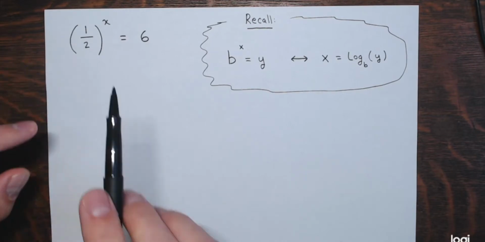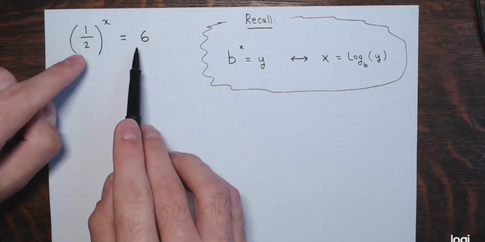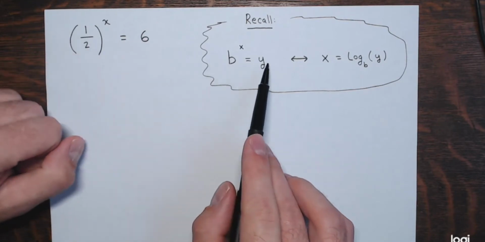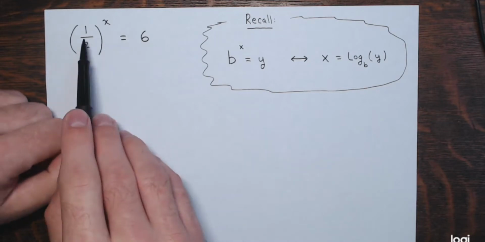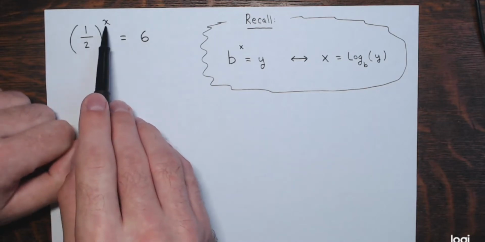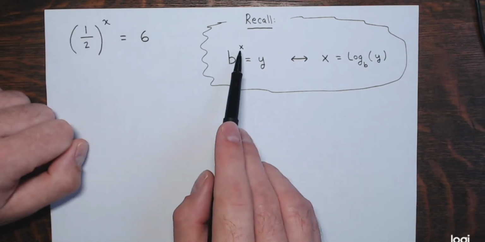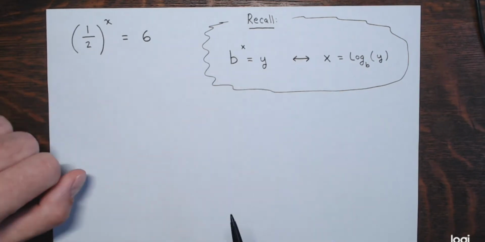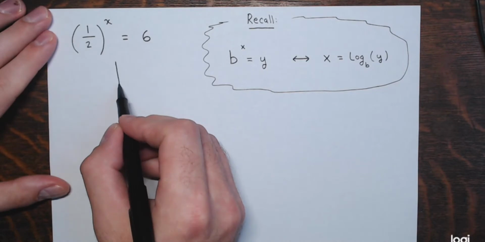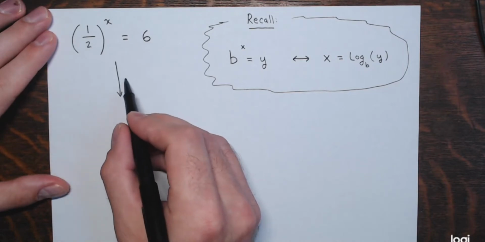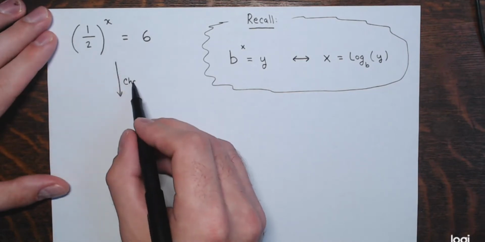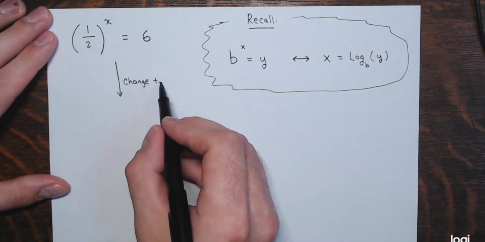So notice that this equation starts off like this exponential form here. I've got some number to a power with a variable in it equal to another number, just like b to the x equals y. So I just simply change, this is an exponential form, I change to logarithmic form.